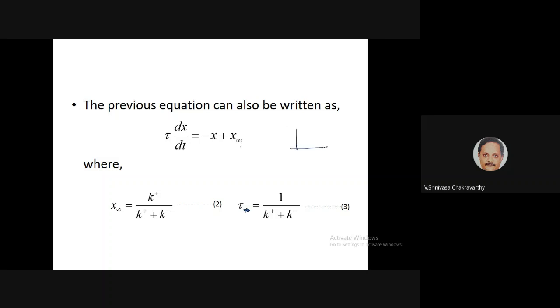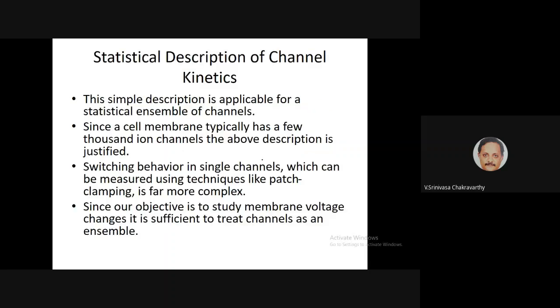Let's say x starts from 0, and then x will rise exponentially to this value, this is x infinity. And the time constant of this rise is given by tau. Okay, so that is how you describe the open-closed dynamics of the channel.